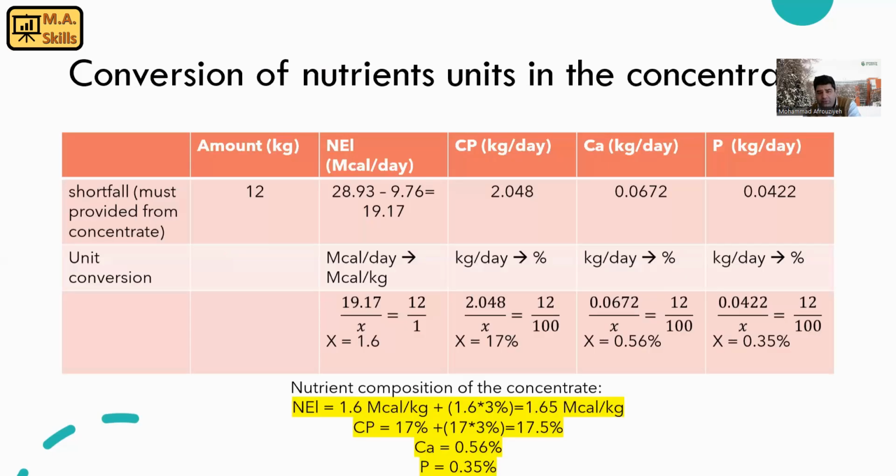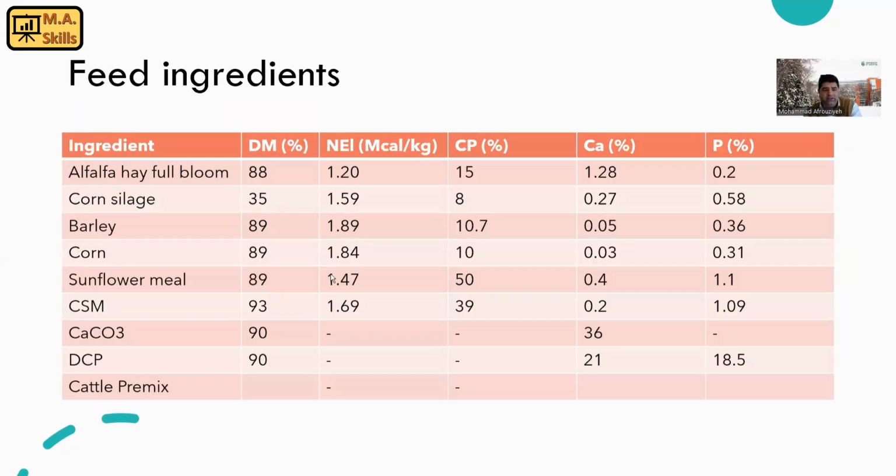And of course, you need to reference this table from the nutrient composition of feed ingredients to find the amount of energy and protein and other nutrients in each feed ingredient. So, for example, as you can see here, for barley, we have 10.7% protein and corn has 10% protein.